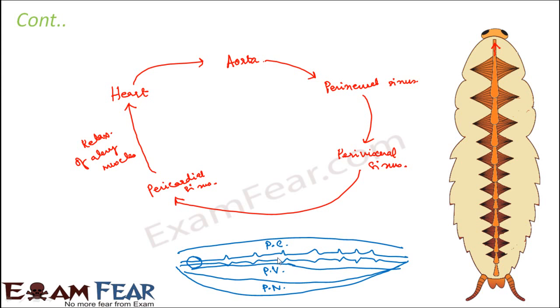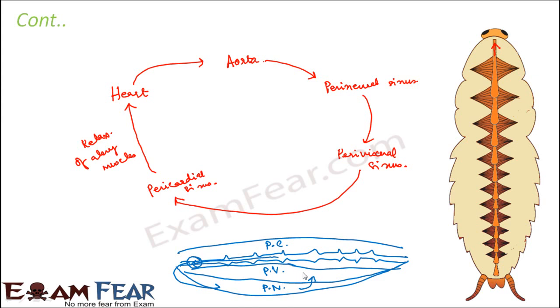So what happens? Blood flows from the heart to the aorta. From the aorta, it gets into the sinus of the head and comes into the perineural sinus. From the perineural sinus, it will get into the perivisceral sinus.